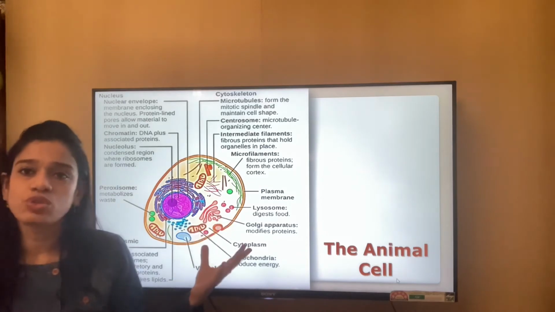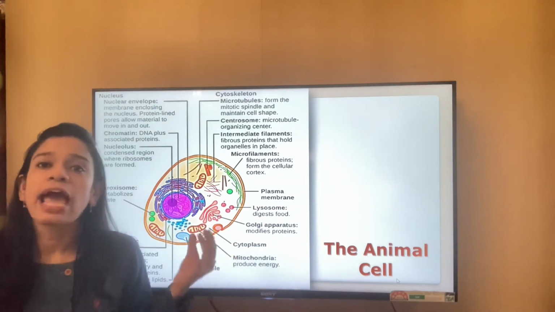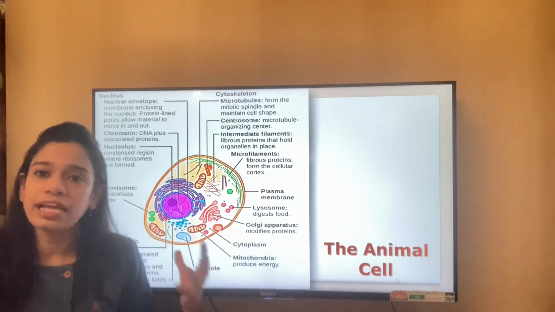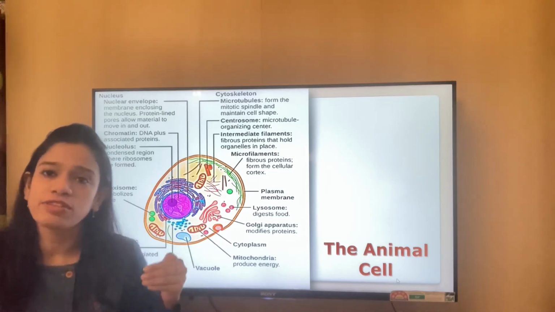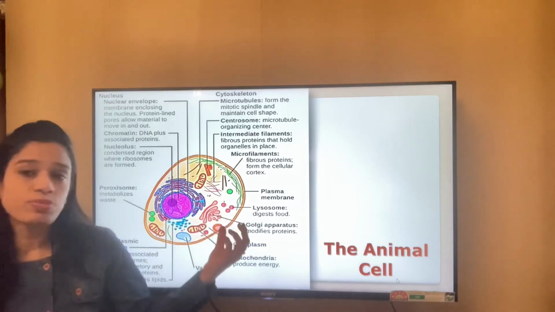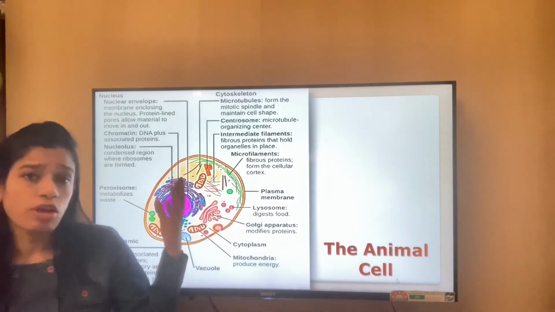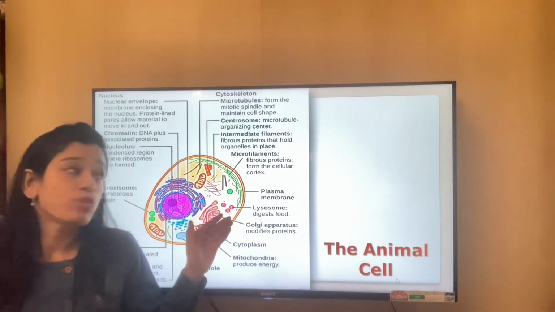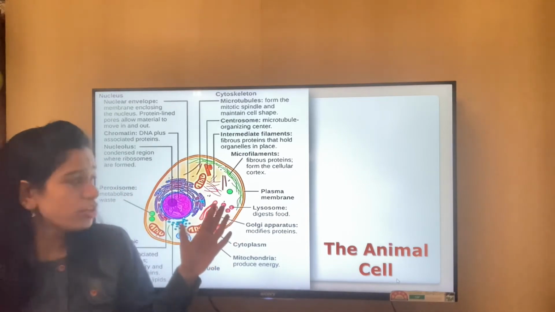These are the lysosomes, which are also known as the suicidal bags of the cell. This actually bursts when the cell feels there is a foreign attack, a foreign body which it has to take care of. There is also the presence of the centrosome, the organizing center of the cell.